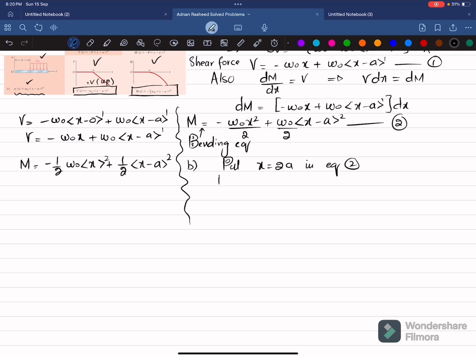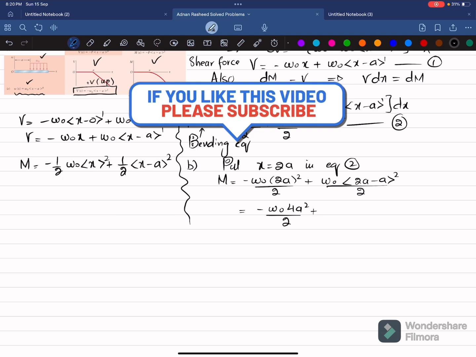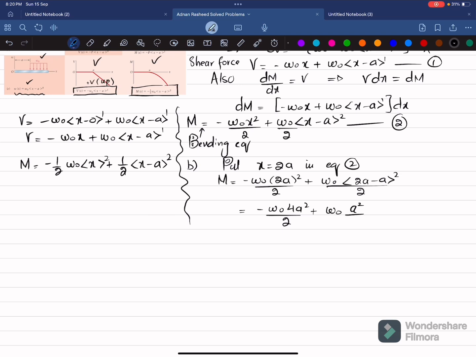So we will get M is equal to minus W naught 2a square divided by 2 plus W naught into 2a minus a whole square divided by 2. So it will be minus W naught 4a square over 2, and that will be equal to W naught a square over 2.